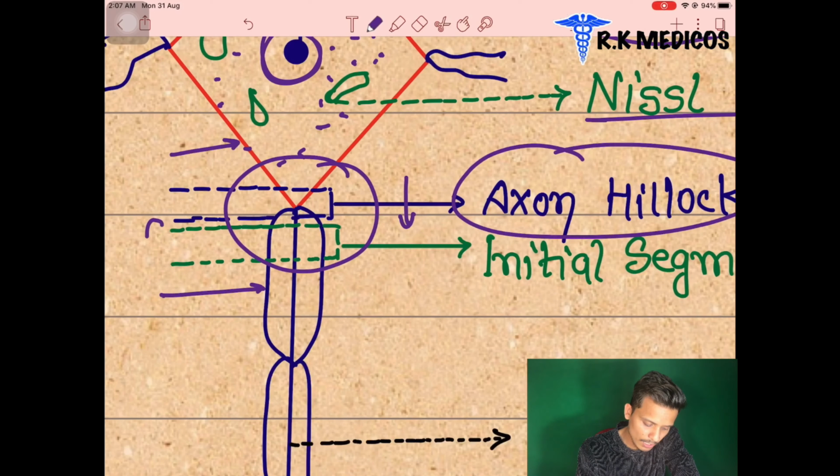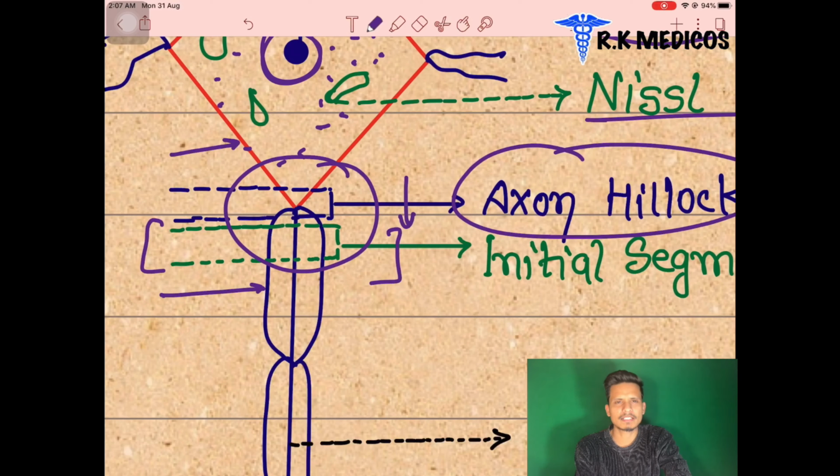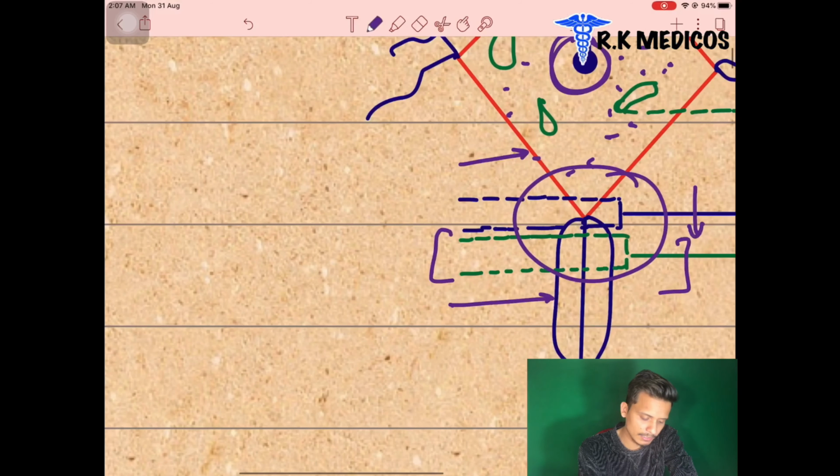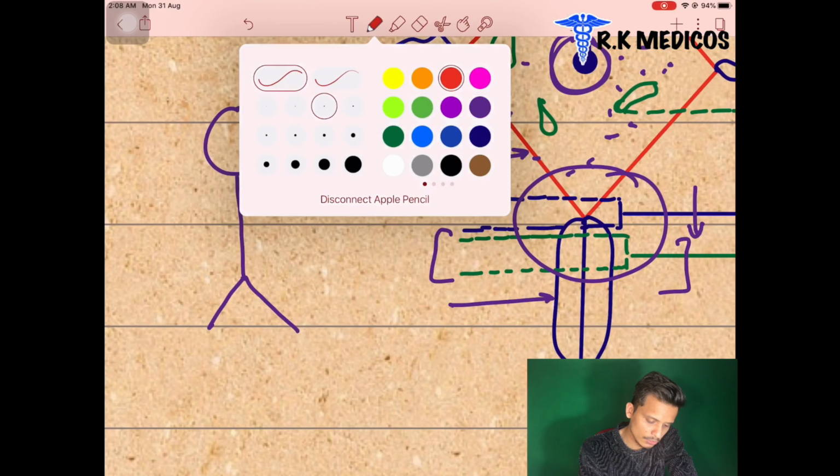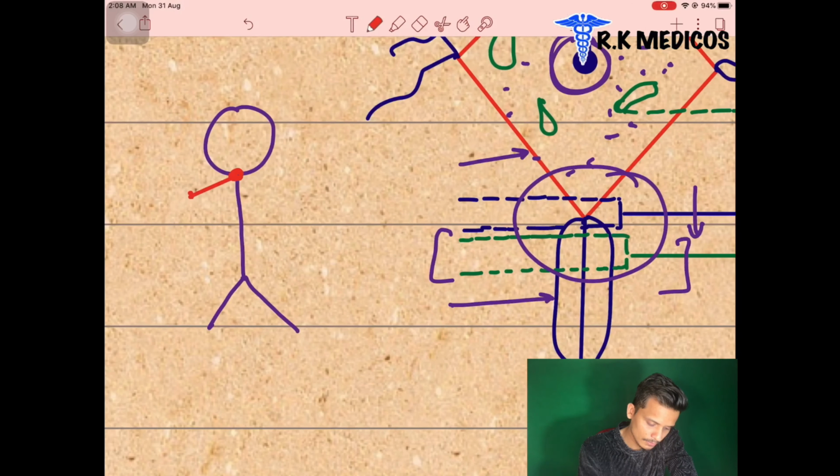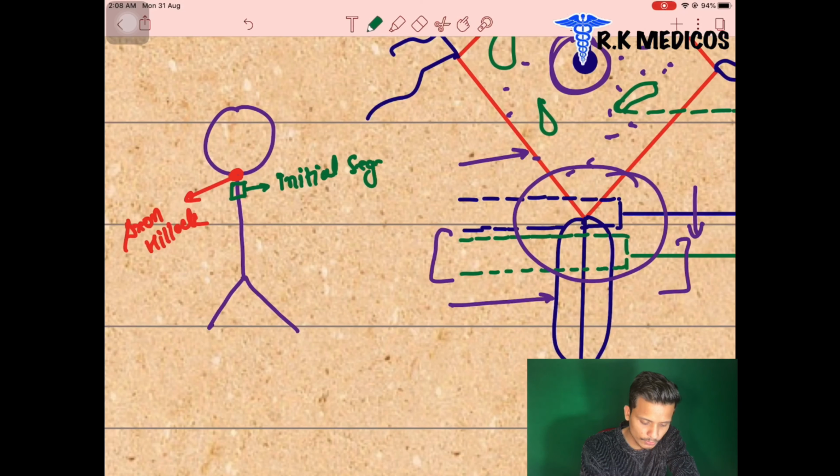This region is called the initial segment of any neuron. We can see here this is the cell body, this is the axon and these are the terminal ends. This region is called the axon hillock connecting part, and just below it this segment is called the initial segment, the starting part of the axon.